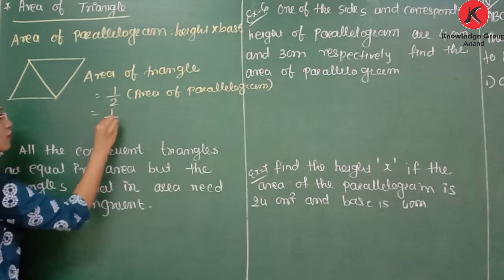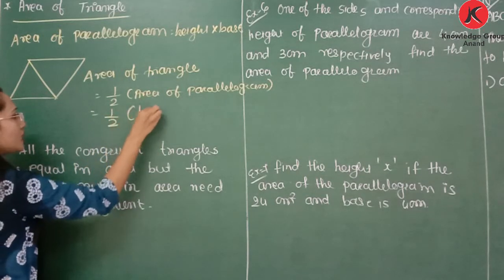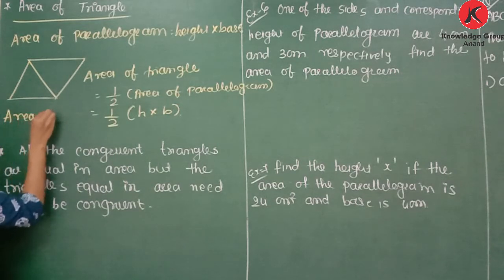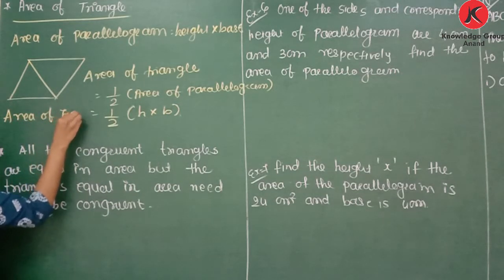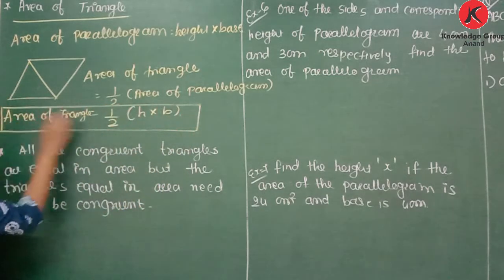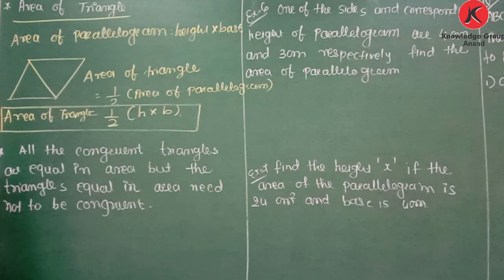Now what is the equation for the area of a parallelogram? That is height multiplied by base. So this is the equation for the area of a triangle: one by 2 height multiplied by base.